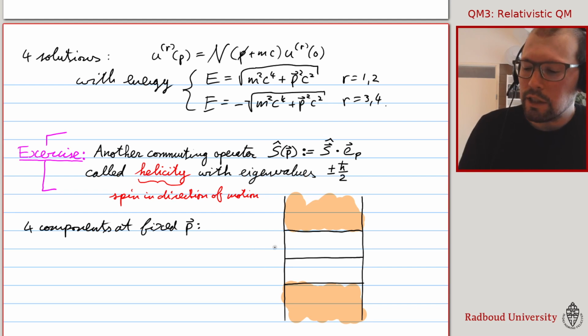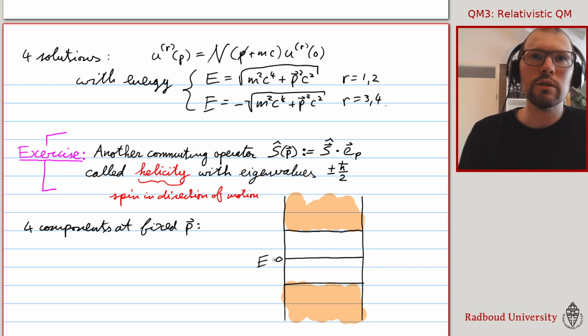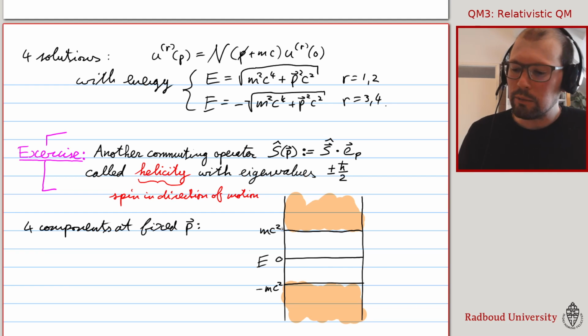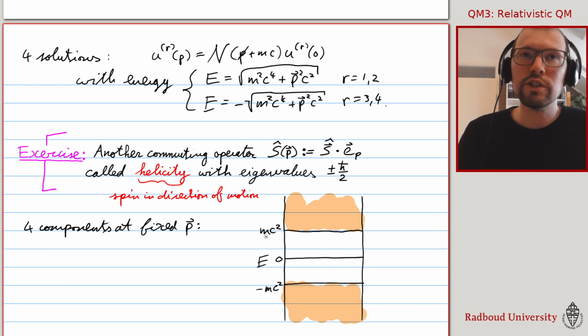Drawing this in the energy diagram that we've seen before for the Klein-Gordon equation, we have energies that can be positive, so mc squared or larger, or negative, at least minus mc squared or smaller.